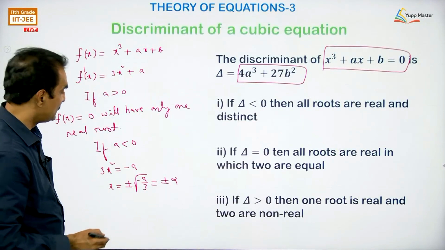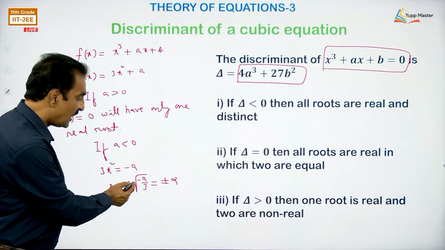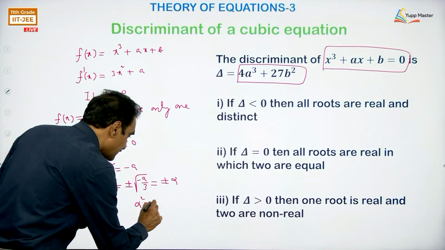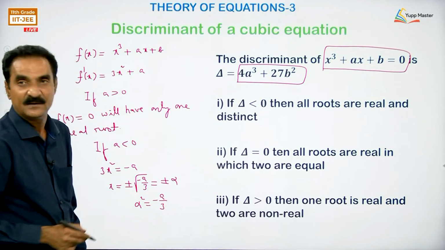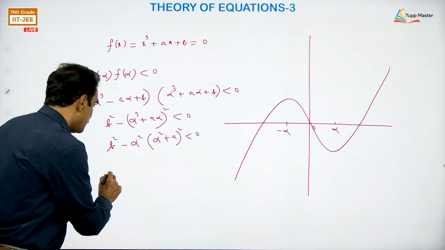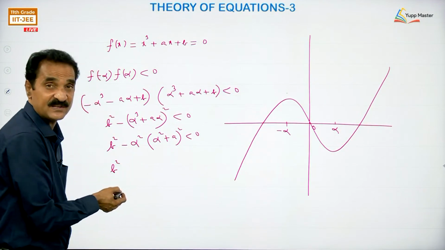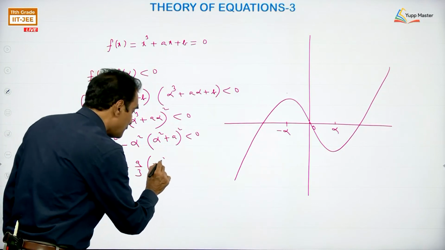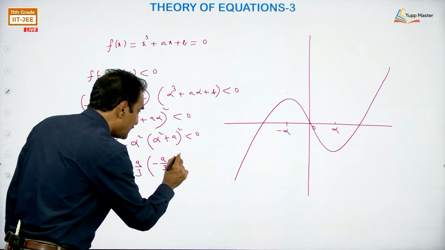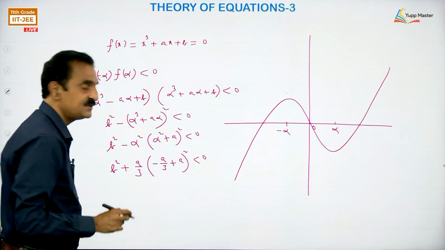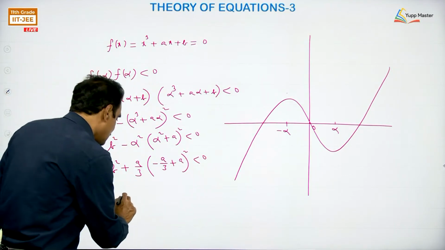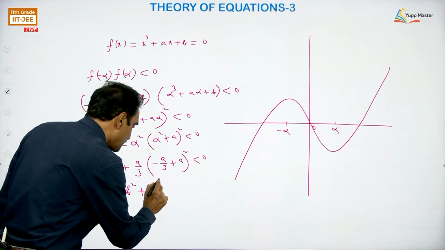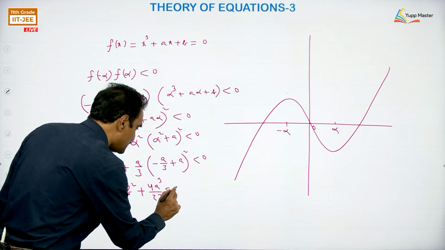What is alpha square? See here, we took alpha as root over minus a by 3. So, alpha square is minus a by 3. Substitute here. b square minus of minus a by 3 into minus a by 3 plus a, whole square, less than 0. Then we can write it as b square plus 4a cube by 27 less than 0.